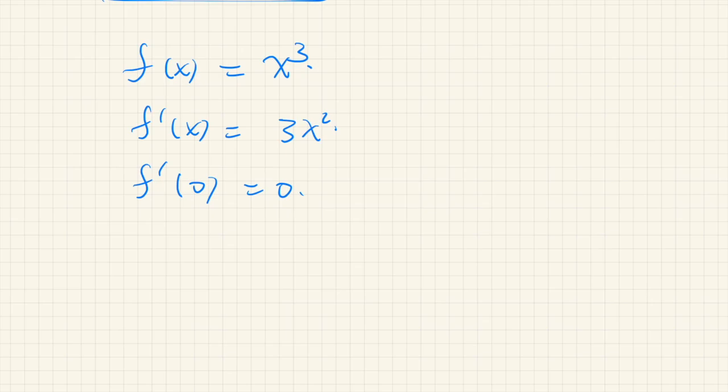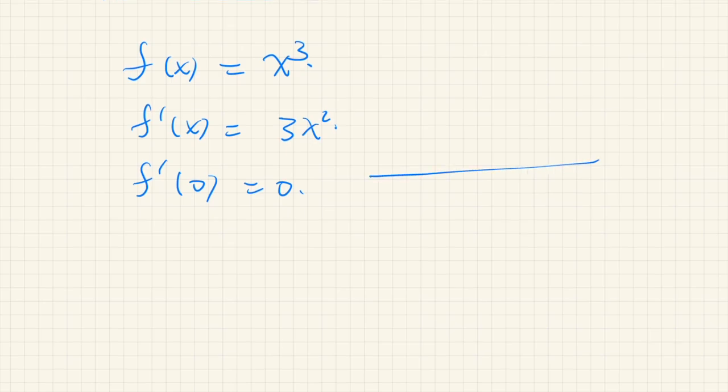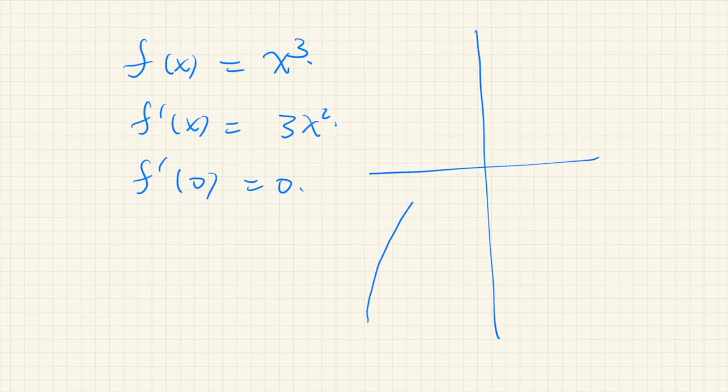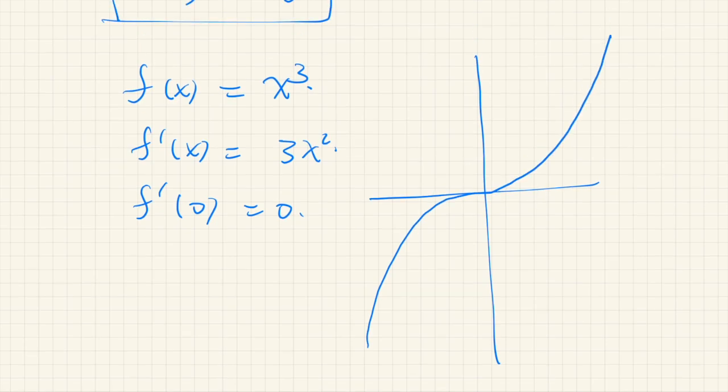But this function doesn't take either a local maximum or a local minimum at x equal to 0. If you plot this function, it looks like this. It's a monotone increasing function. So it's not a local maximum or local minimum, but still it is a stationary point. So the converse of the theorem doesn't hold.